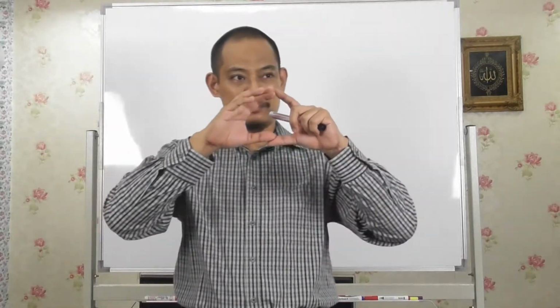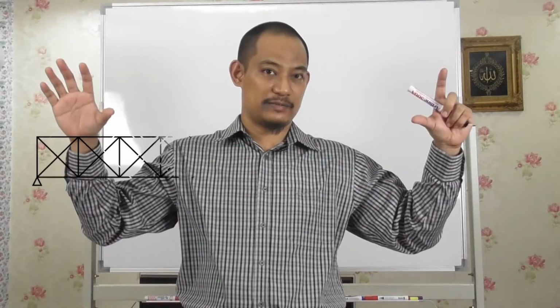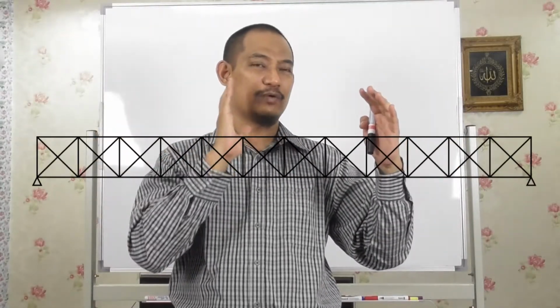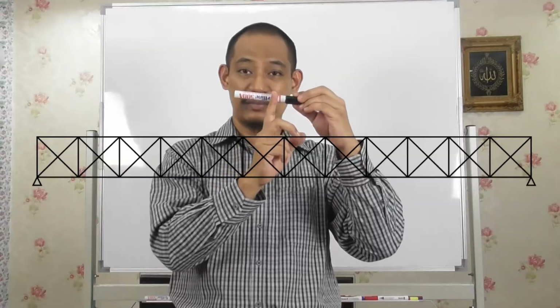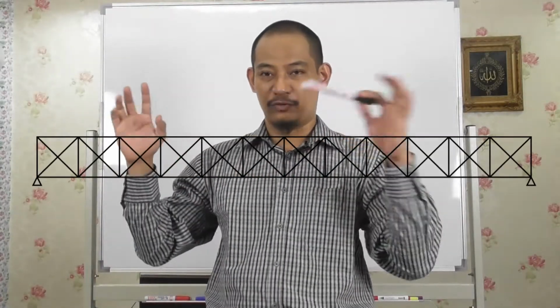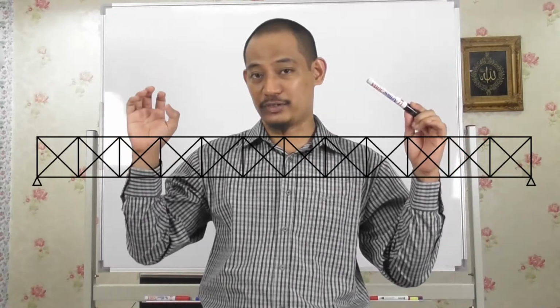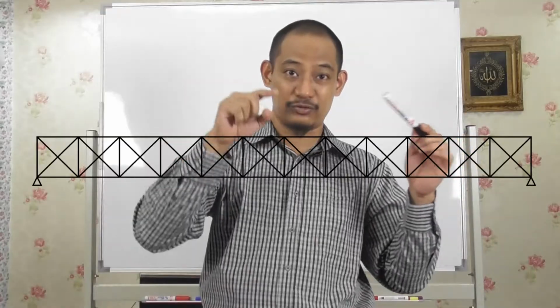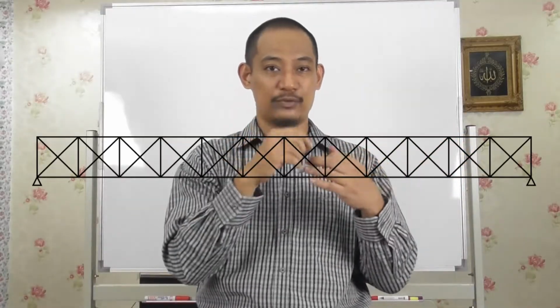If you have a big truss where we have a lot of members, and then we want to find the force in the member at the middle, right? If you still remember the method of joints, for example, you solve the support reactions first at the end, and then you go from joint to joint until you reach where you want to solve.